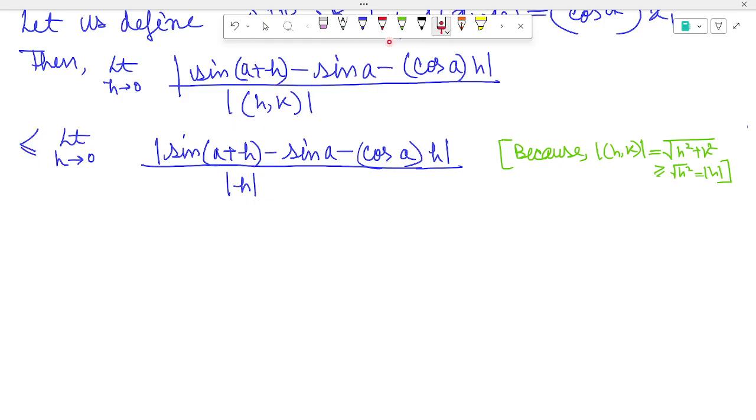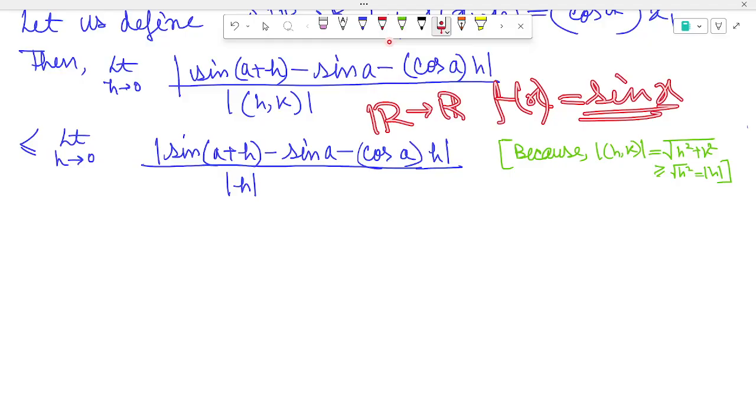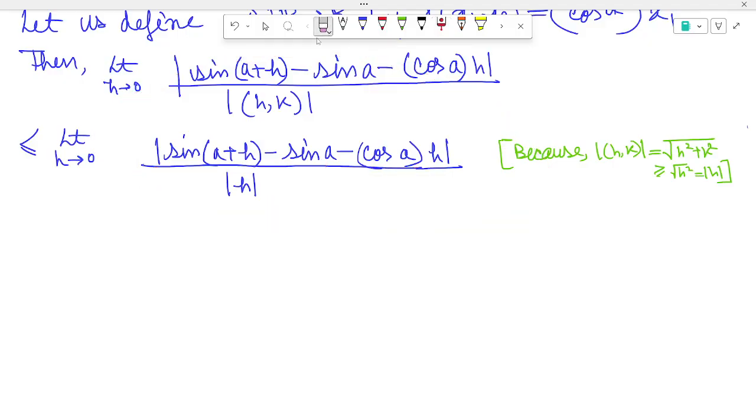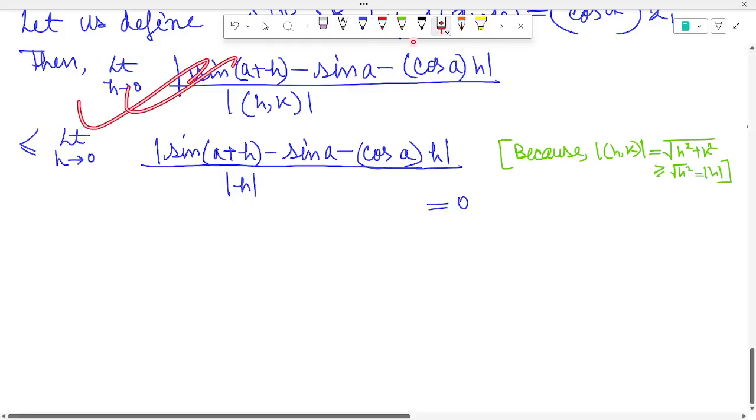But observe that now I am considering a function from R to R, where f(x) equals sine x, and it is the appropriate condition of f dash x at a. So this thing is 0, this is 0. So this thing is also 0.